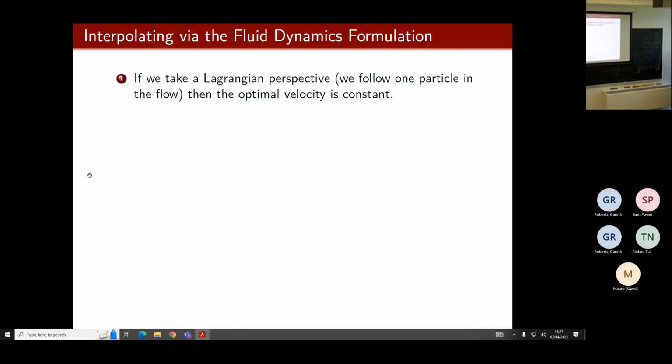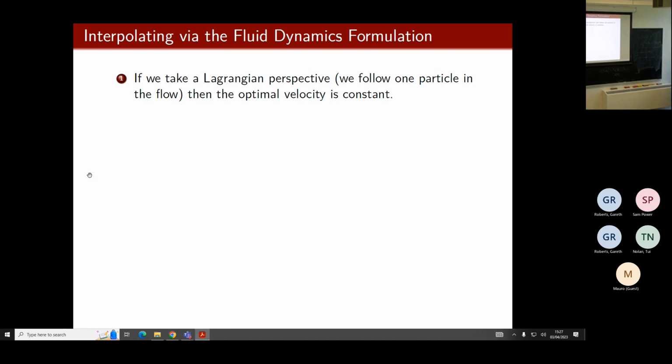I'm not sure if anyone has done very much fluid dynamics. I haven't done a lot, so I know very little about it, but I do know the Lagrangian and Eulerian perspectives. The Lagrangian perspective is where you follow one particle around.